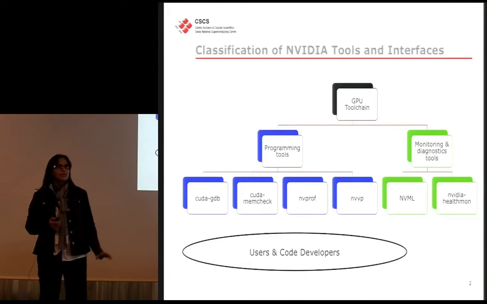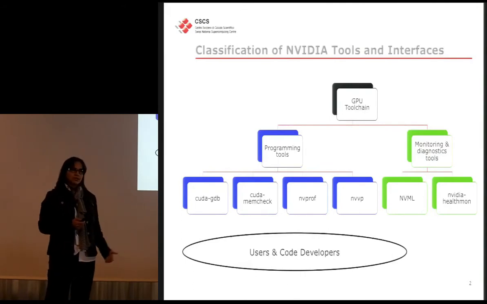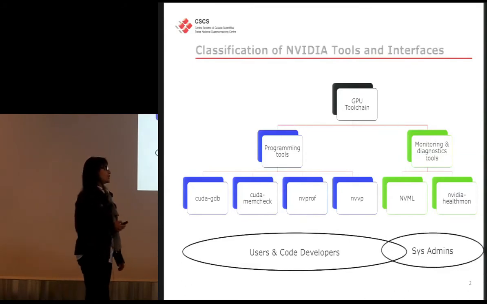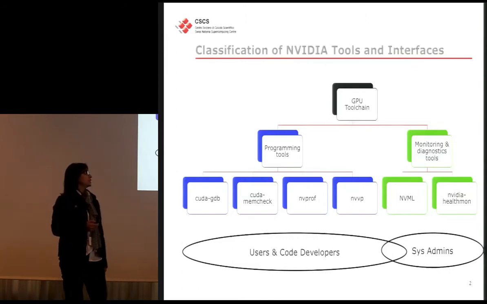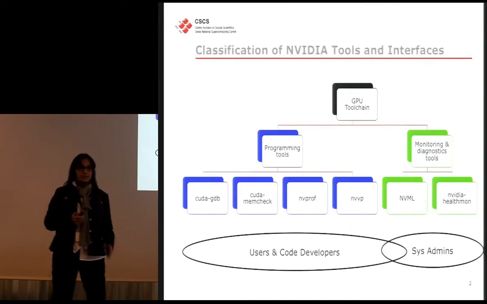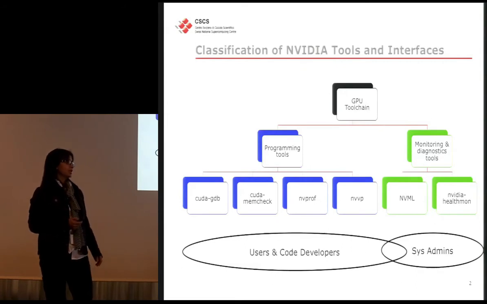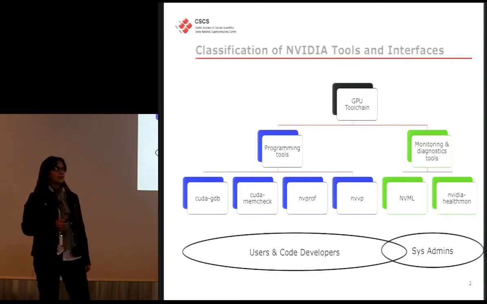So typically, if you are a user or a code developer, you would really like to use tools to run your codes efficiently, and you will more or less use the blue boxes and maybe part of the green boxes just to check the configuration or query the configuration. But if you are on the sysadmin side, where you have to ensure 24/7 robust operation, you would find yourself relying more on the monitoring and management tools.